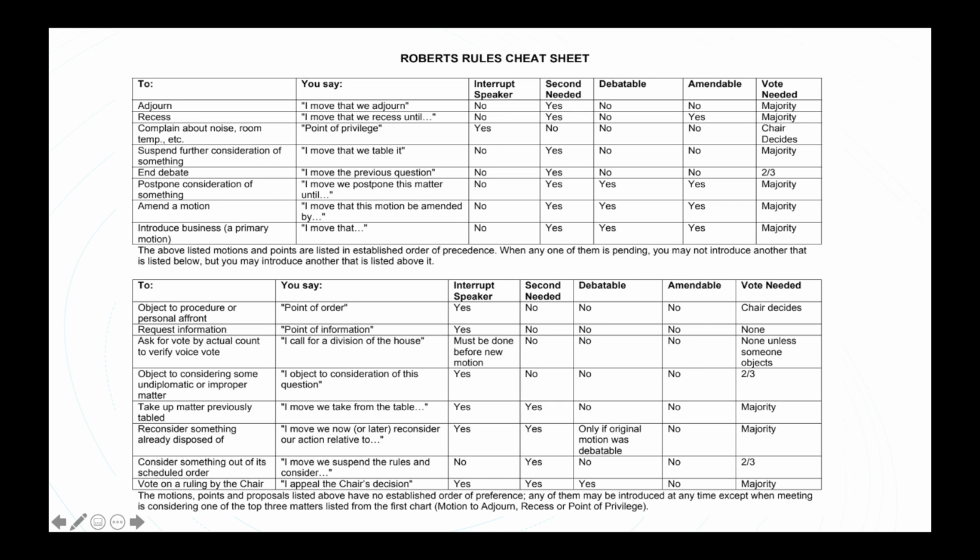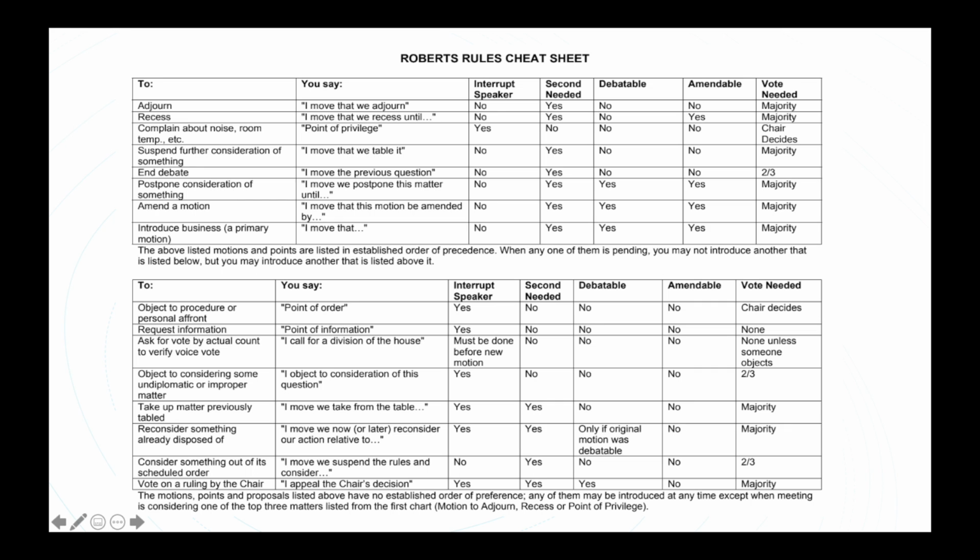To ask for a vote by actual count to verify a voice vote, we will say, I call for a division of the House. To object to considering some undiplomatic or improper matter, we will say, I object to consideration of this question. To take up a matter previously tabled, we will say, I move we take from the table.